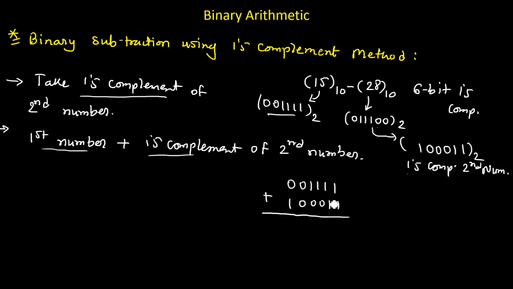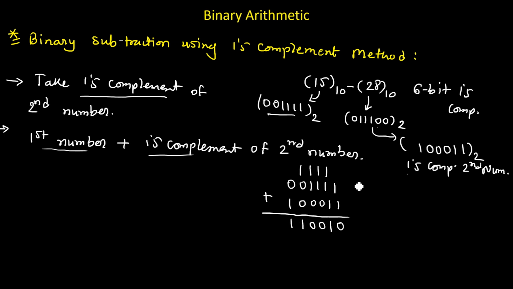So we get 1 plus 1, that is 0 and 1 carry. If we add 1 plus 1 plus 1, we get 1 summation and 1 carry. 1 plus 1, we get 0 summation and 1 carry. 1 plus 1, again 0 summation and 1 carry. 1 plus 0 plus 0, so we get 1, and 0 plus 1 we get again 1.